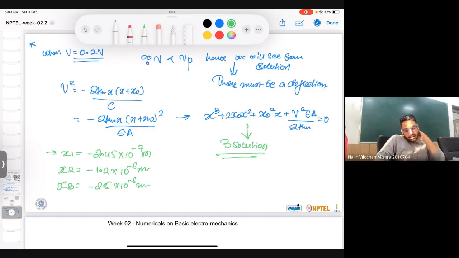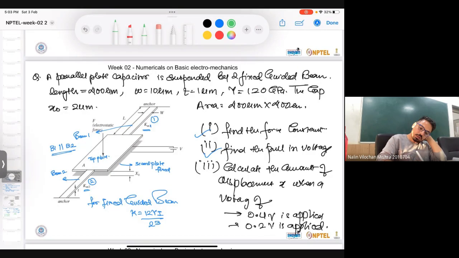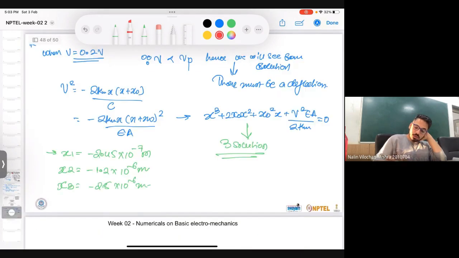So here we know that the distance between two plates was 1 micrometer. If the distance between two plates was 1 micrometer, then this can't be true because the value is itself greater than that value.